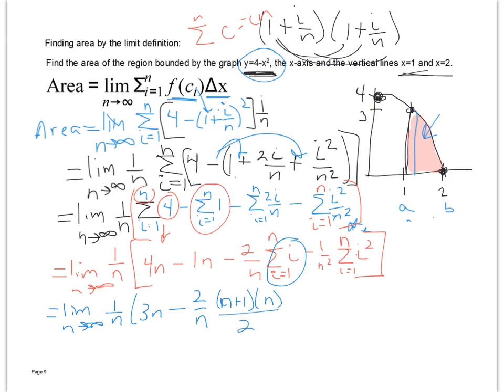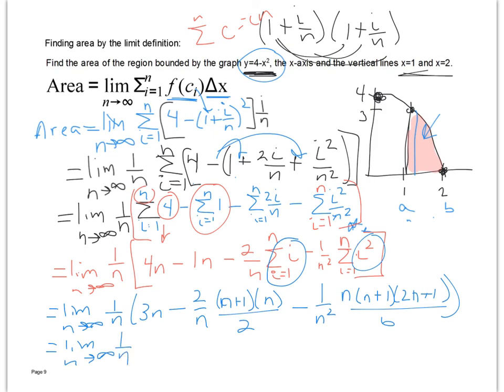It's n times n plus 1 divided by 2, but same deal. Minus 1 divided by n squared. And then i squared also has a formula, and I'm good at forgetting this one. So n plus 1, 2n plus 1, divided by 6. I have to look it up too, don't worry. I'm not judging if you do, especially since you haven't used it nearly as much as I have.